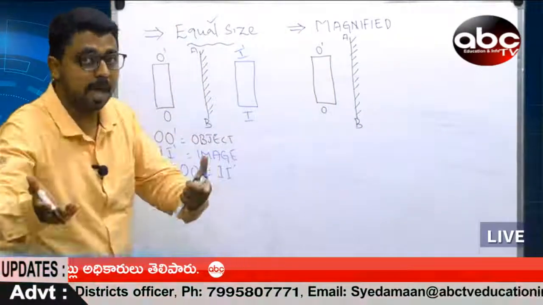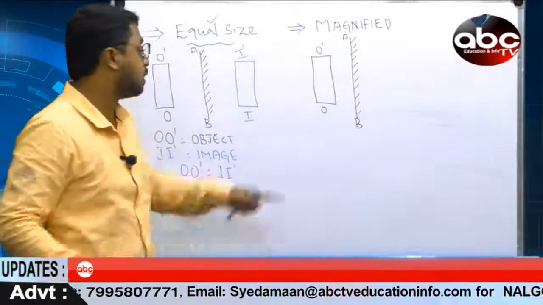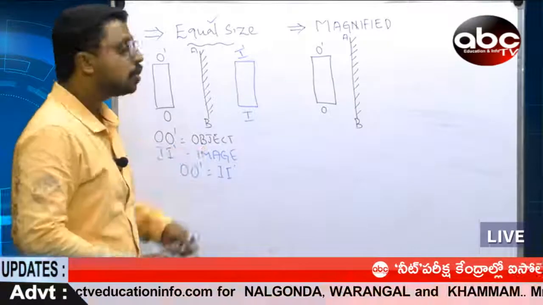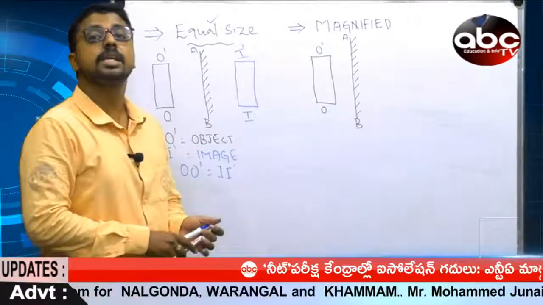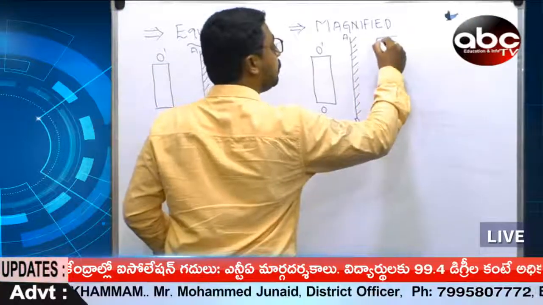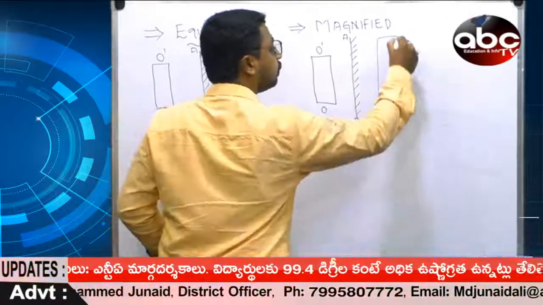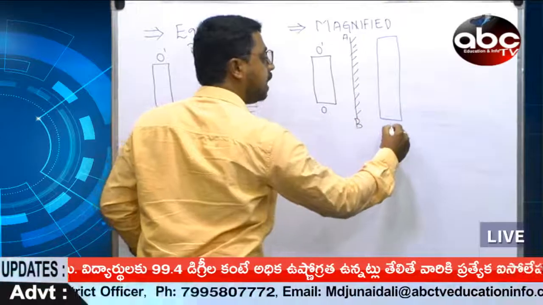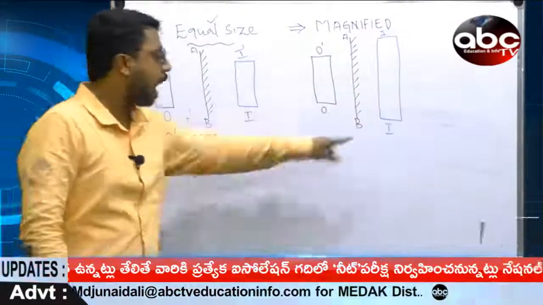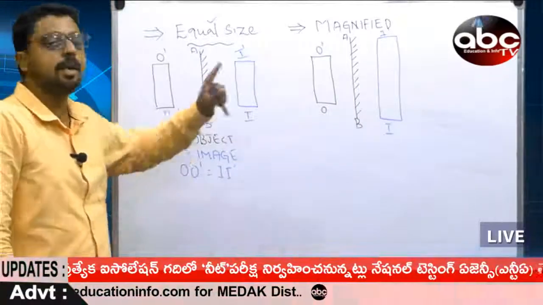Already you people have known, you are very fast, O dash is nothing but an object. So I want to see how the image is going to result. You observe here. I dash corresponds to image.